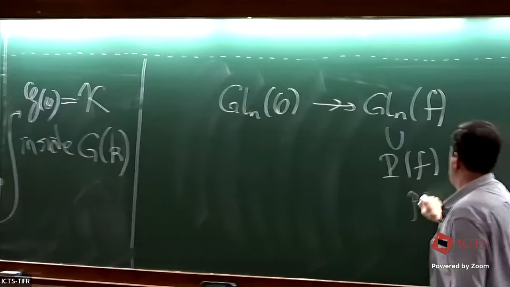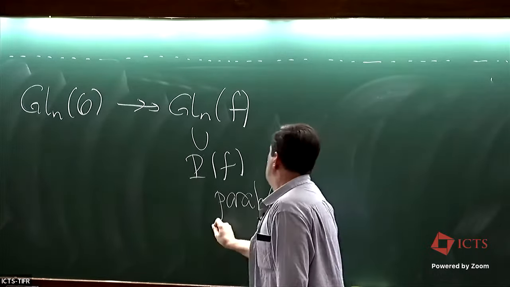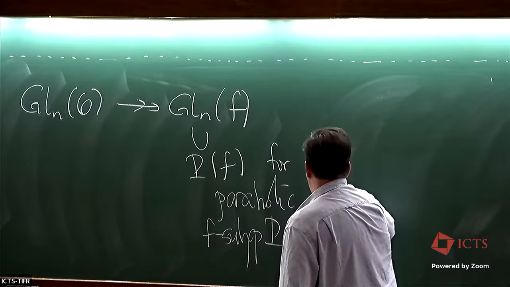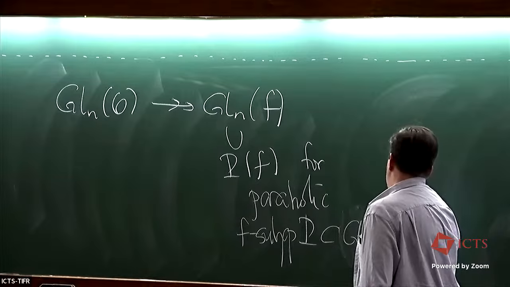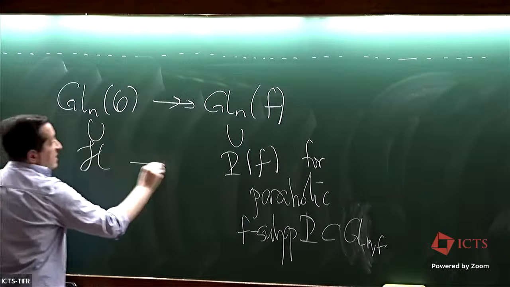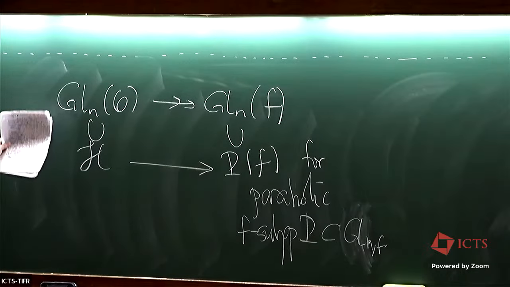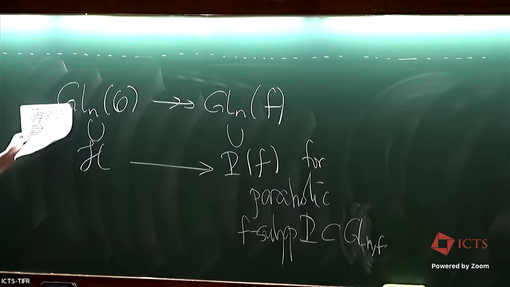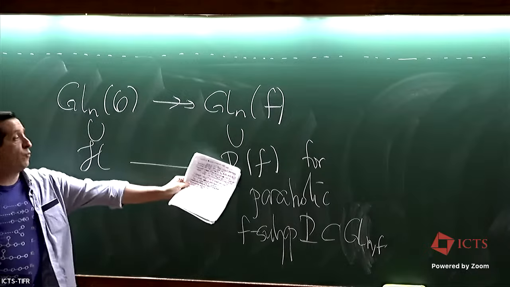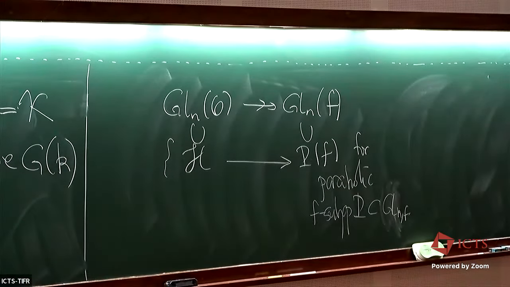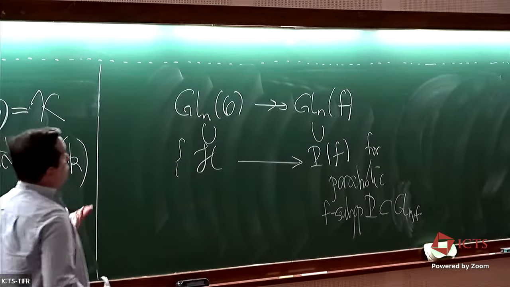For example, you may have a parabolic subgroup P inside the special fiber of GLN over F. If you take the preimage of that, I'll call this H, then if you take this to be a proper parabolic, you get various other non-maximal compact open subgroups by taking the preimages of parabolics under this reduction map. These are later going to be seen as examples of what will be called parahoric subgroups. Certain non-maximal but interesting compact opens.